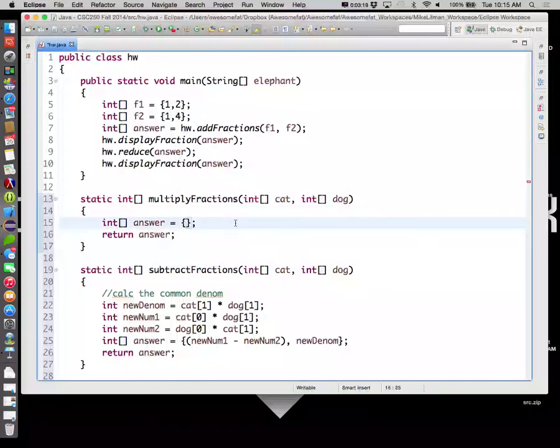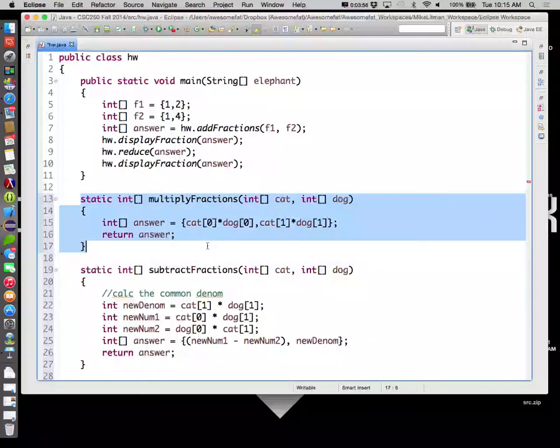So the answer will be equal to cat at bucket 0 times dog at bucket 0, comma, cat at bucket 1, times dog at bucket 1. Like that. So the two numerators multiplied by each other equals our new numerator. The two denominators multiplied by each other equals our new denominator. Return answer. All right, so that's multiply.